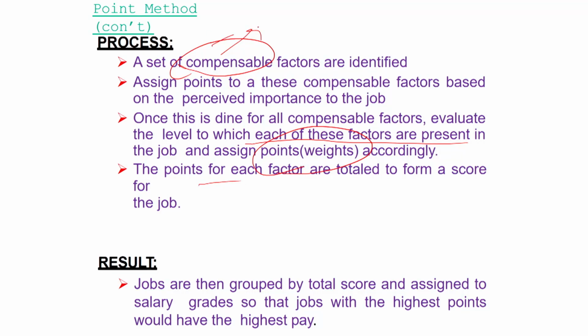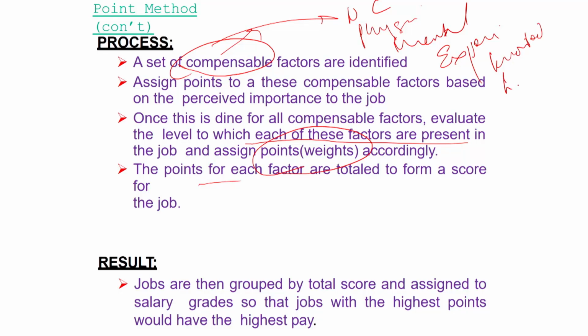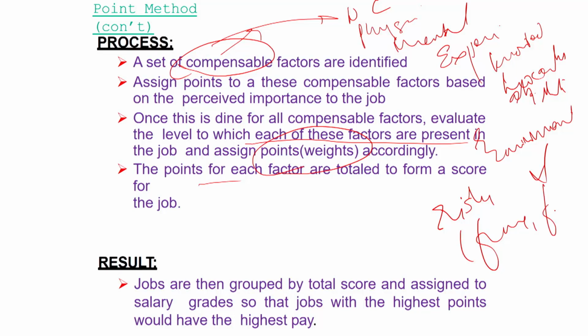These compensable factors could be related to the working condition, physical effort, or mental effort, and then to the experience part, the knowledge part, the location, the abilities, or the environment in which the person has to work. Maybe the environment is very risky in terms of fumes or fire, or gases. Maybe the person has to work in an area where there are gases.